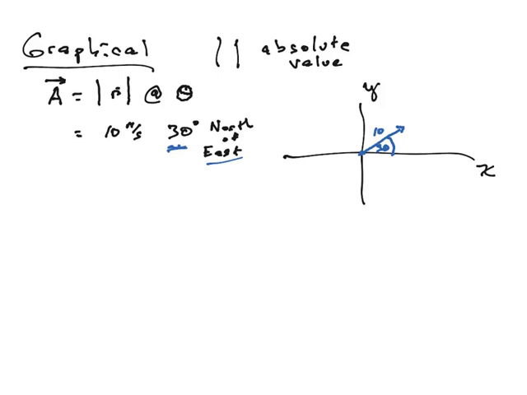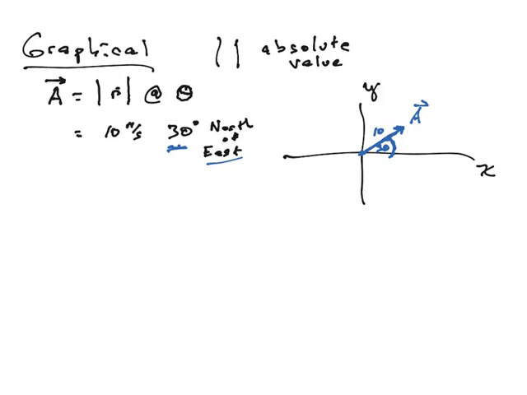That means start on east and go 30 degrees north of that. And then how long should this arrow be? Well, I'd get out my ruler or whatever, and I draw it 10 millimeters, 10 centimeters, whatever I want my scale to be. And that's my vector A. That's how you represent vectors graphically.